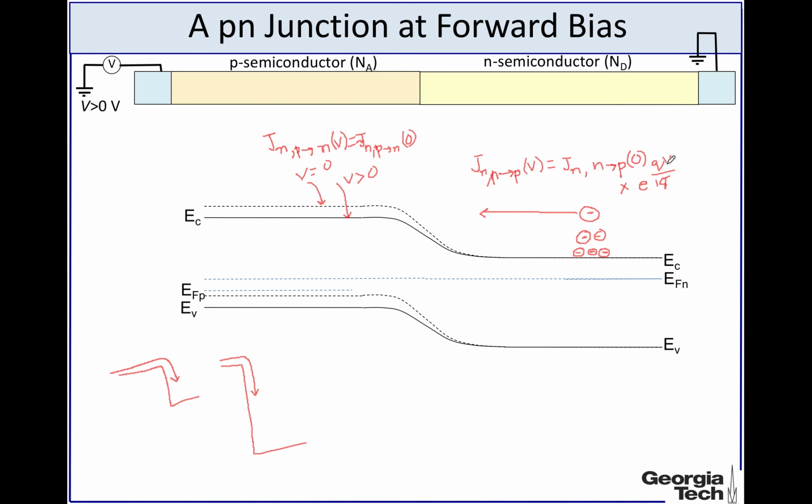The case is also the same for holes. So for the holes, the current due to the holes moving from the n side to the p side at a given voltage V remains the same.